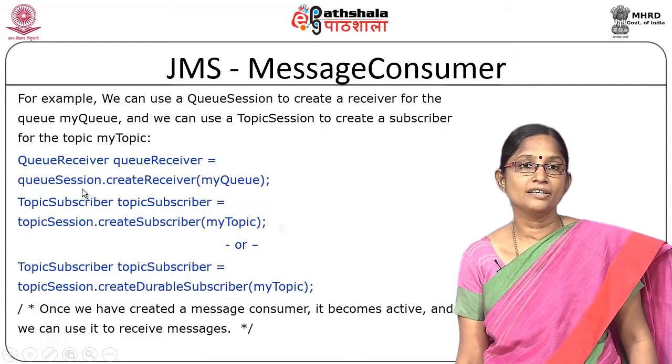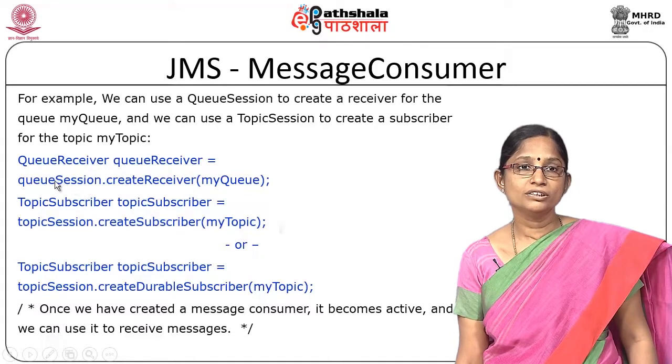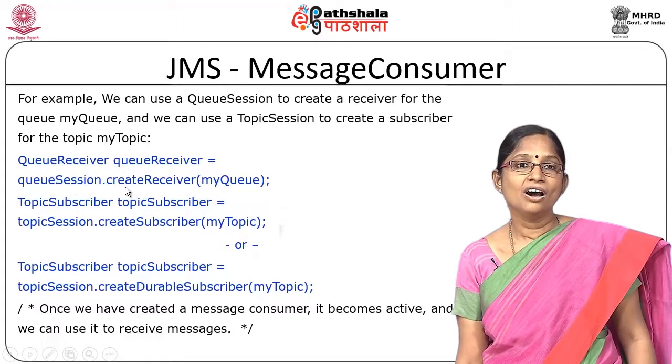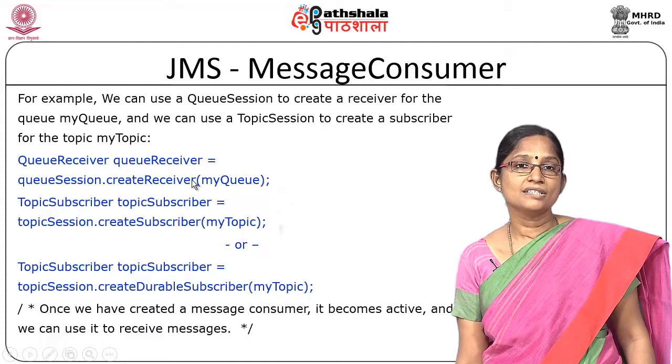This has been created from the queue session handle by calling create receiver, a method called over the queue session object, passing my queue as the parameter. Now we get a message consumer, called the queue receiver.